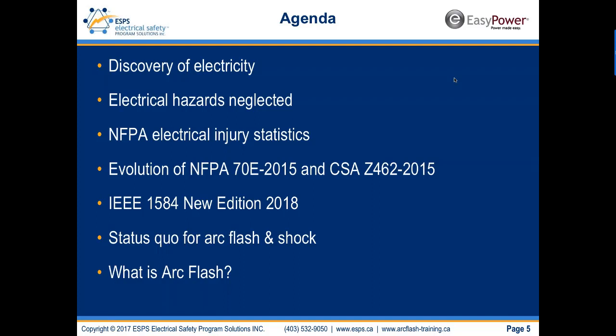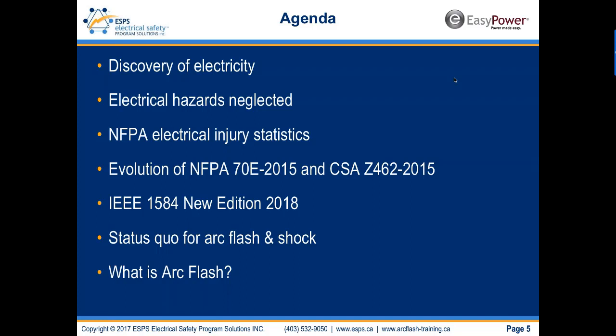Just a brief update on the IEEE 1584 standard, the work that has been ongoing for well over 5 years now to update it, and we should see a new edition provided at this point in time for my involvement in that tech committee beginning of 2018, I hope.